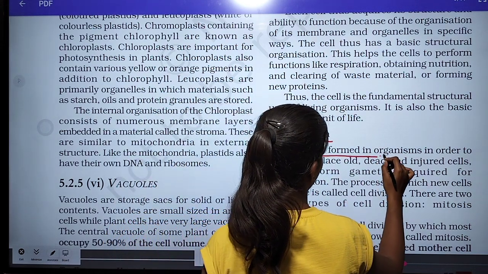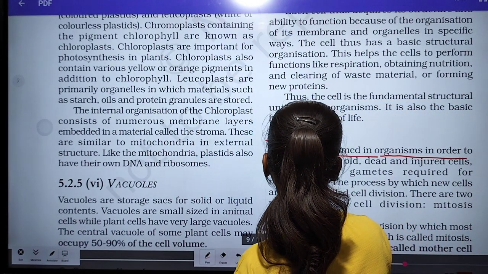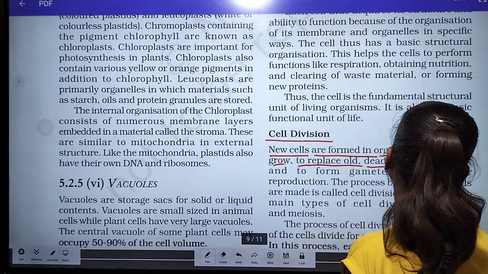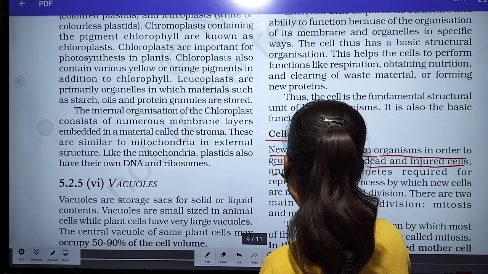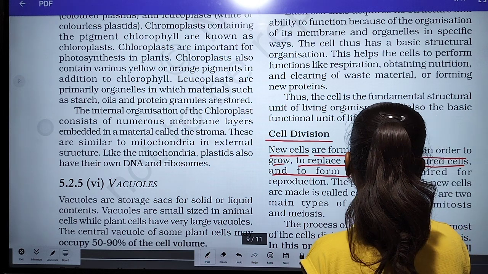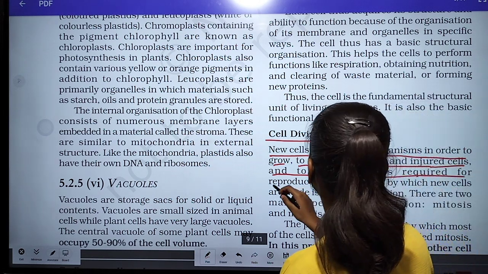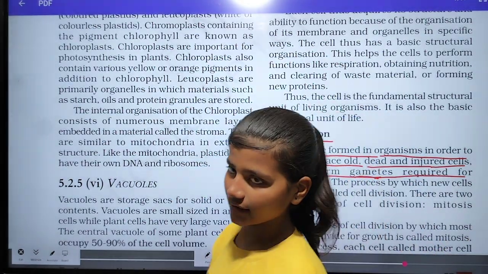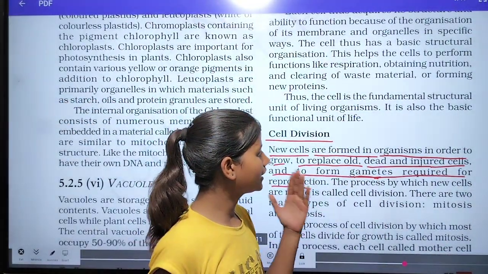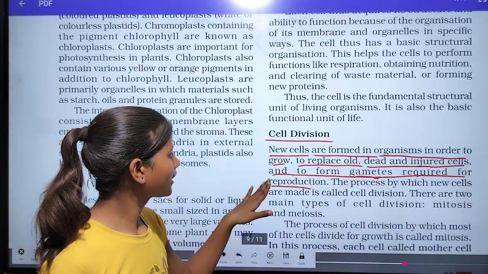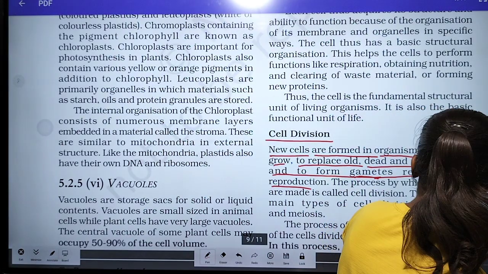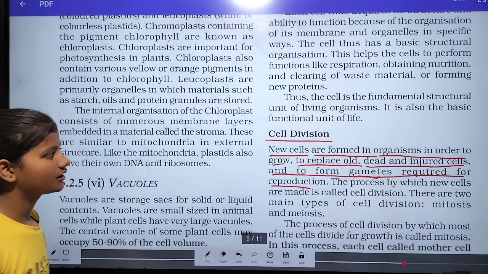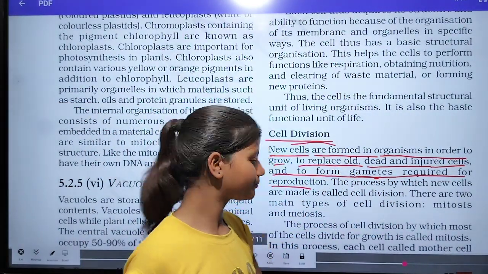New cells are formed in organisms in order to grow, to replace old, dead and injured cells, and to form gametes required for reproduction. This is only due to cell division.